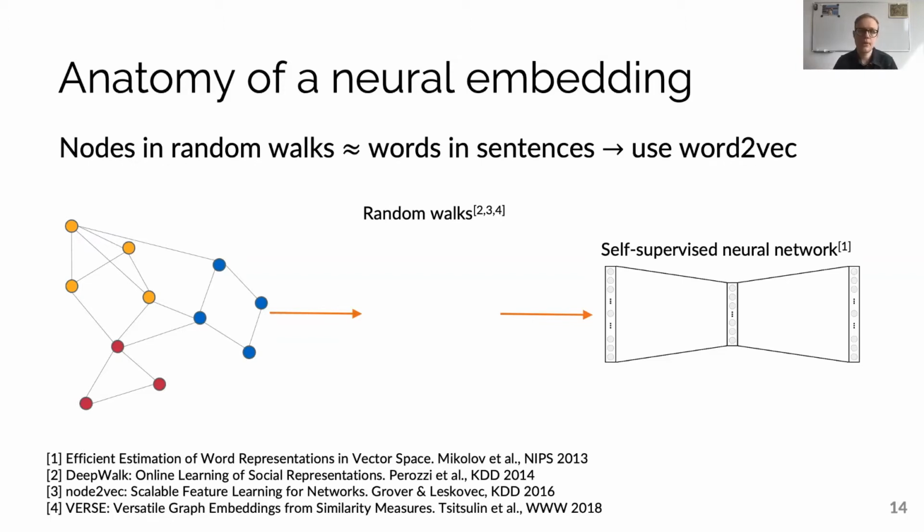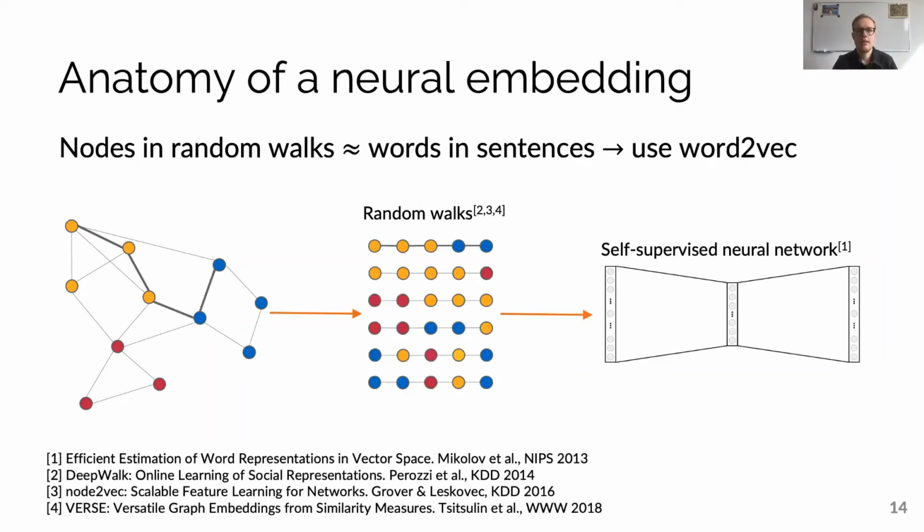So the main idea behind the neural graph embeddings is basically that we have random walks on graphs, and the nodes in these random walks are somewhat related or can be thought of as words in sentences in a natural language. So for example, if we have a corpus of these random walks, we can select a node and use it as an input of a shallow neural network, also called a self-supervised neural network.